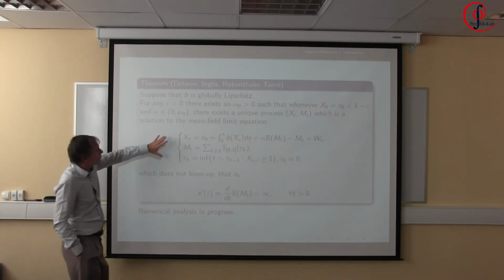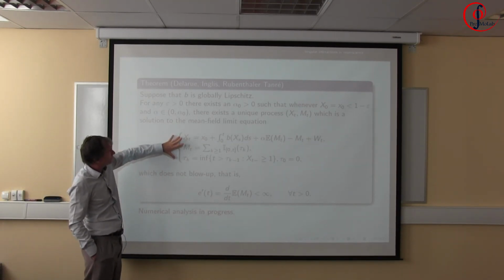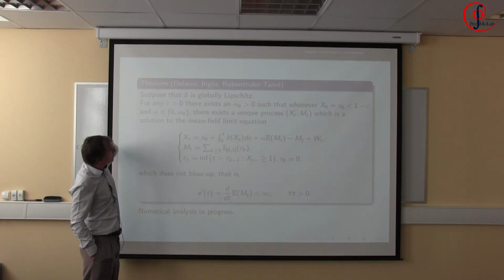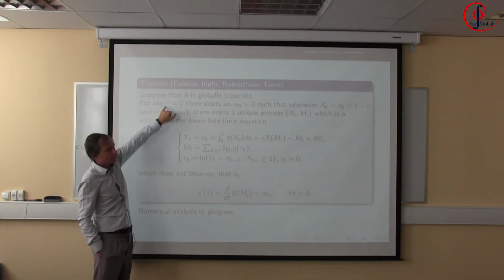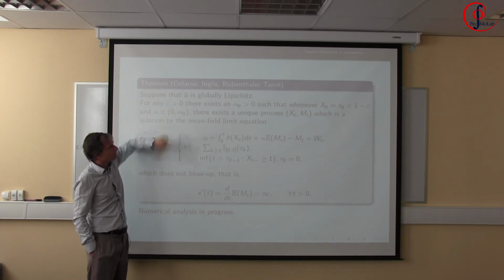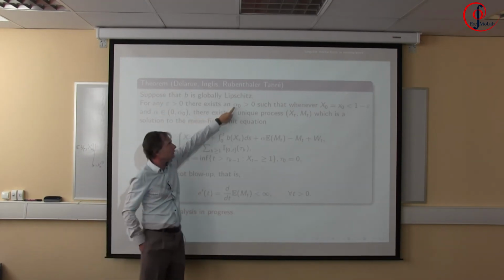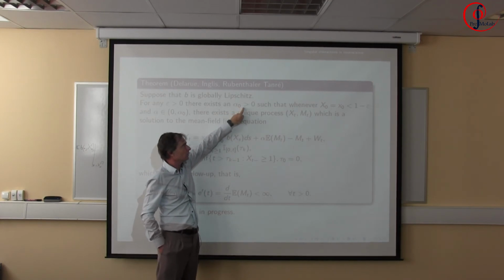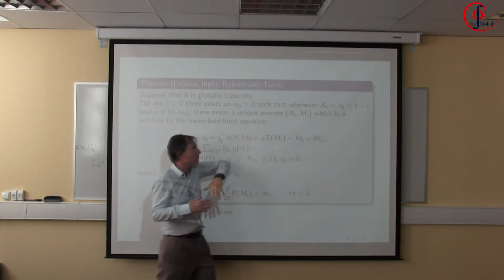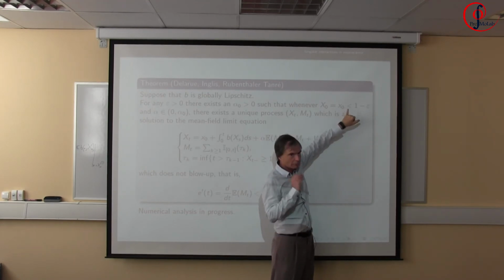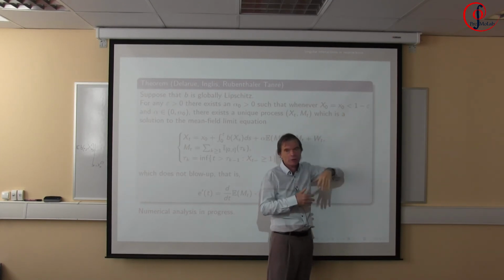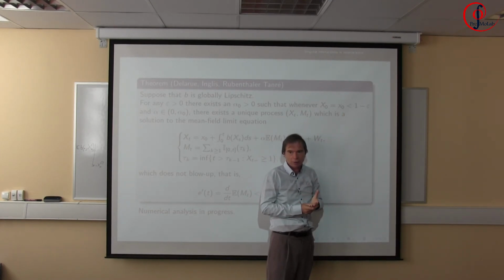So they could prove that for any epsilon, there exists an alpha 0 positive, such that if at time 0 all the particles have an initial distribution with this Dirac measure, not a density, which explains the difference with the Carrillo and Perthame analysis.